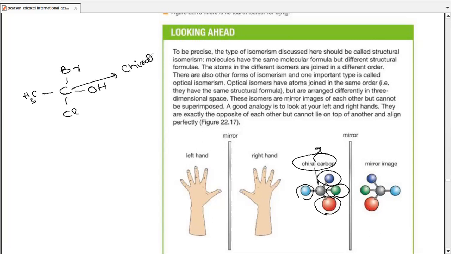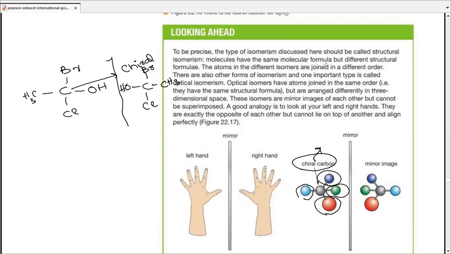Why? Because all four sides have different sets of atoms. It would be chiral once it has a mirror image like this one. See, it's a mirror image of one another. At the same time, it's connected to four different sets of atoms. So this carbon would become chiral carbon. So there are two conditions for chiral carbon.